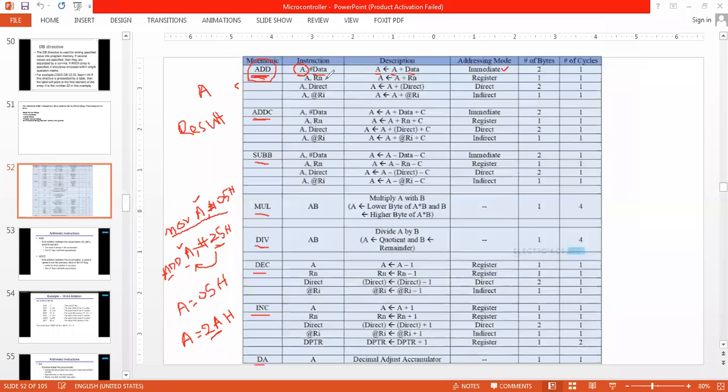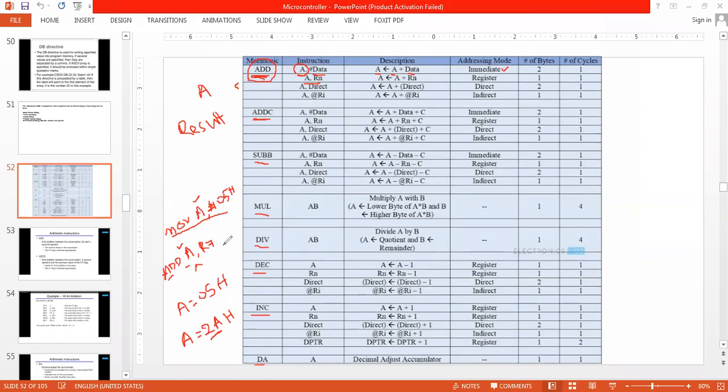Fine. So I can write ADD A comma Rn. Rn can be any register, R0 to R7. So what can I write in the place of Rn? I can write ADD A comma R7. Now what will happen?